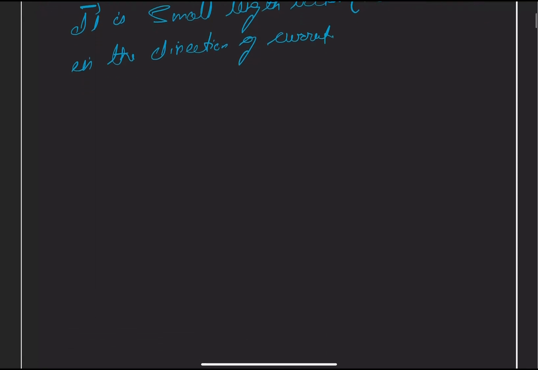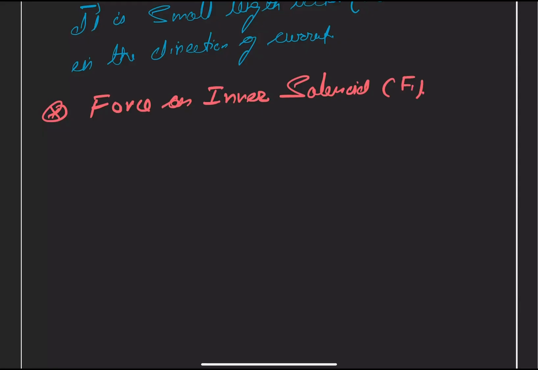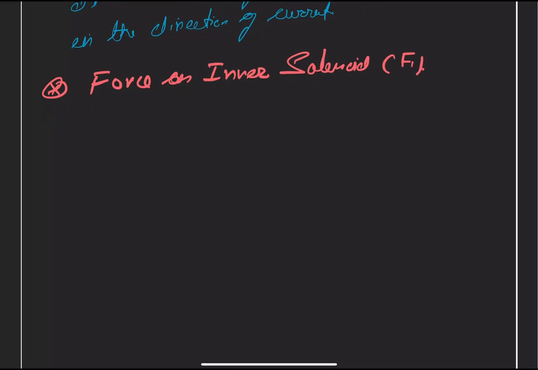So let us discuss force F1 first of all. You can say it is the force on the inner solenoid because of the outer solenoid, that is our F1. And we just discussed that the solenoid produces a magnetic field which is lying completely inside. It means the magnetic field produced by the outer solenoid will be associated with the inner solenoid also.